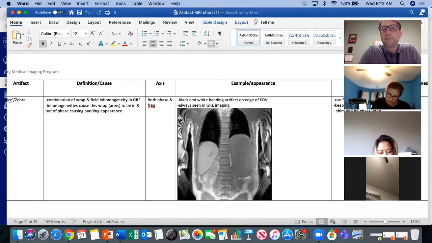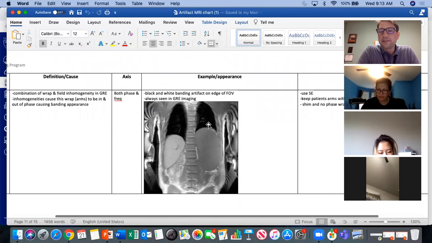It creates this in and out of phase wrap that occurs on the edges of the field of view. That's where we get zebra or moire artifacts. So this is a combination of two artifacts. And this is always seen with gradient echoes, because once again, gradient echoes lack the 180-degree refocusing pulse.